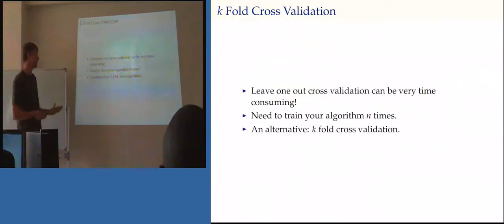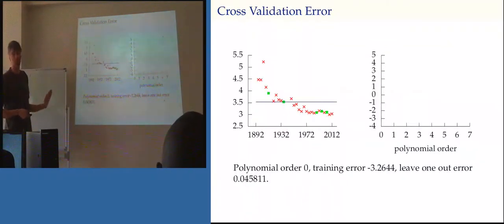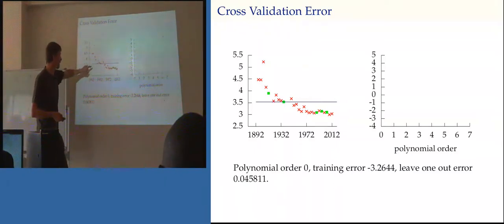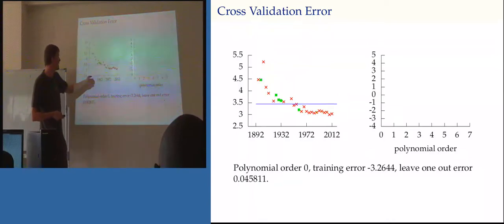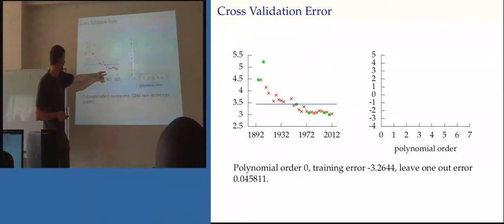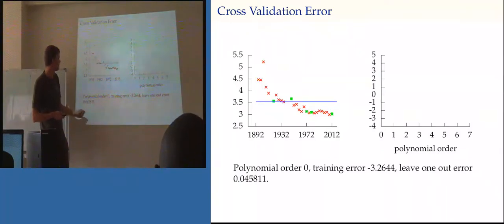So another thing we use is something called X-fold cross-validation, where you leave out, so in 5-fold cross-validation you leave out a fifth of your data. It won't be exactly a fifth, and you do the fit 5 times. So you do the same thing, but now you leave out, here it's 5 points, there it's 6 points, there it's 5 points, and there it's 5 points.